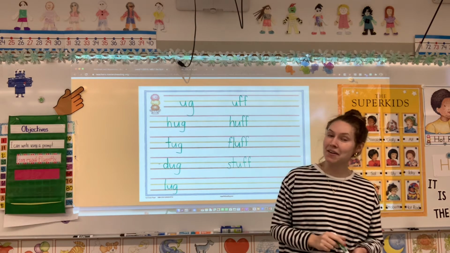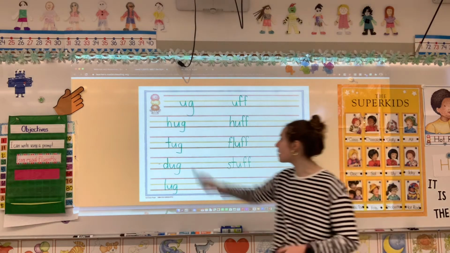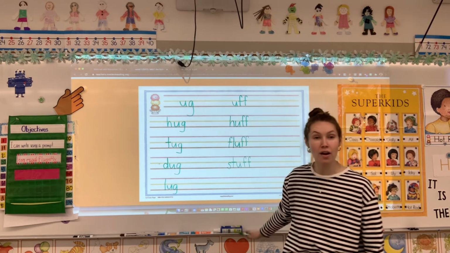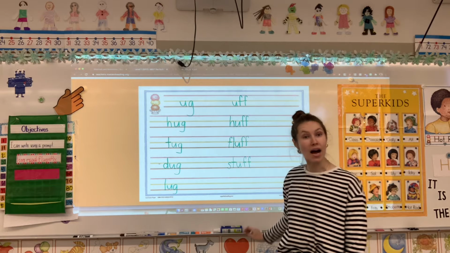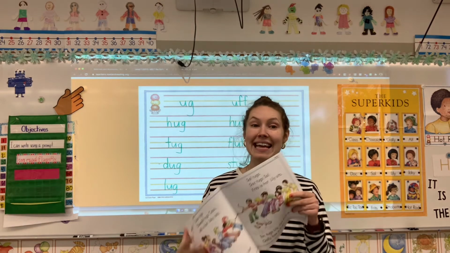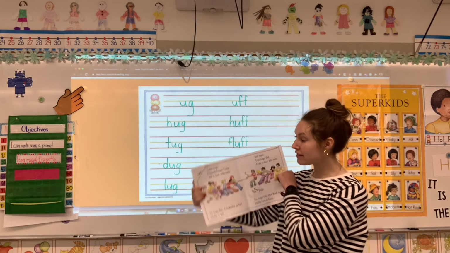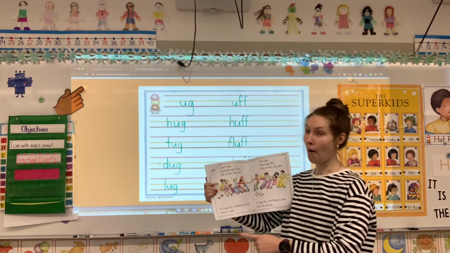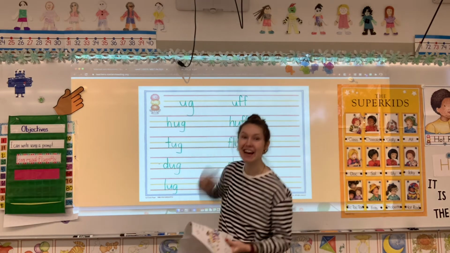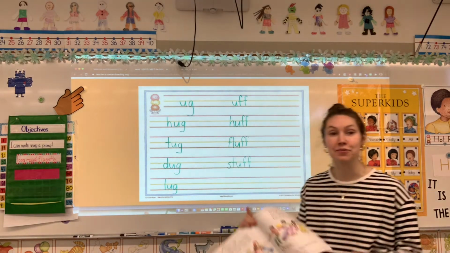Very good, everyone. Now that we've practiced some UG and UF words, we're going to open up our US book to pages 8 and 9. We're going to be reading the story Tug. That's an UG word. And we're going to see if we can practice reading fluently.